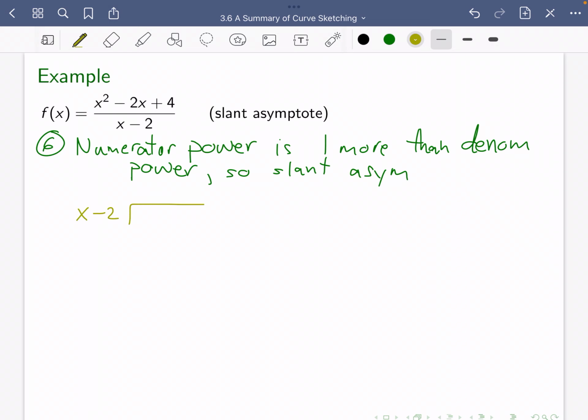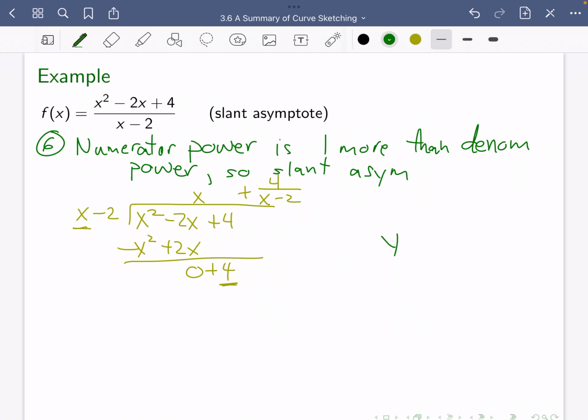So x minus 2 goes into x squared minus 2x plus 4. x times x will give us an x squared. Then we change the signs. We can't multiply by anything nice to get 4, so this will be plus 4 over x minus 2. And our slant asymptote is y is equal to x.